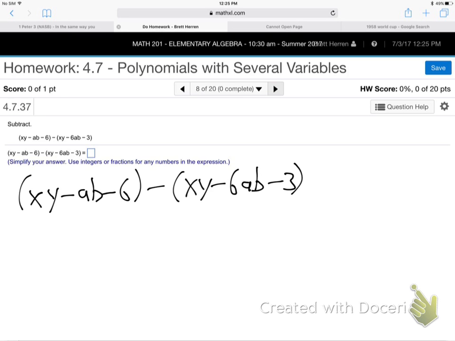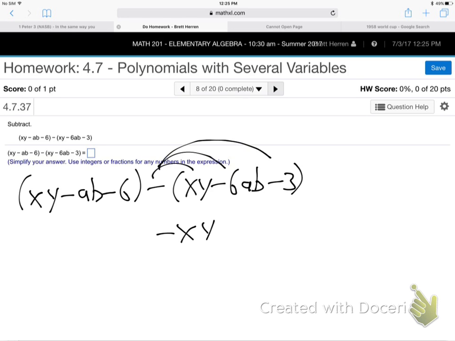All right, so you know what to do with that minus in the middle, right? What do we do with that minus in the middle? It distributes through the parentheses on the right, huh? So distribute that thing through the parentheses on the right. Changes all the signs in the parentheses on the right.